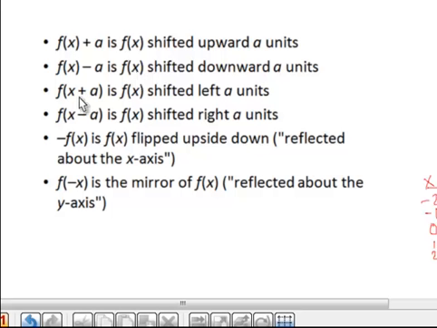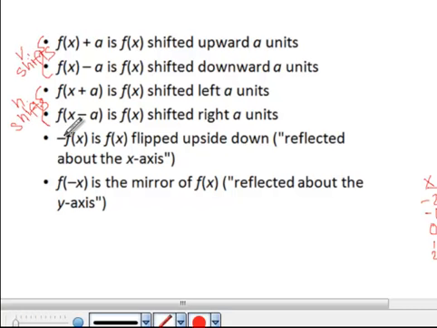If you have something directly added or subtracted onto the x, that's what we call a horizontal shift. Remember, x has everything to do with horizontal. It's going to go left or right in the opposite direction of what you would think. If you add something onto x, you would think, oh, I'm adding something horizontally, so it's going to go right. But no, it actually goes left. So keep that in mind.